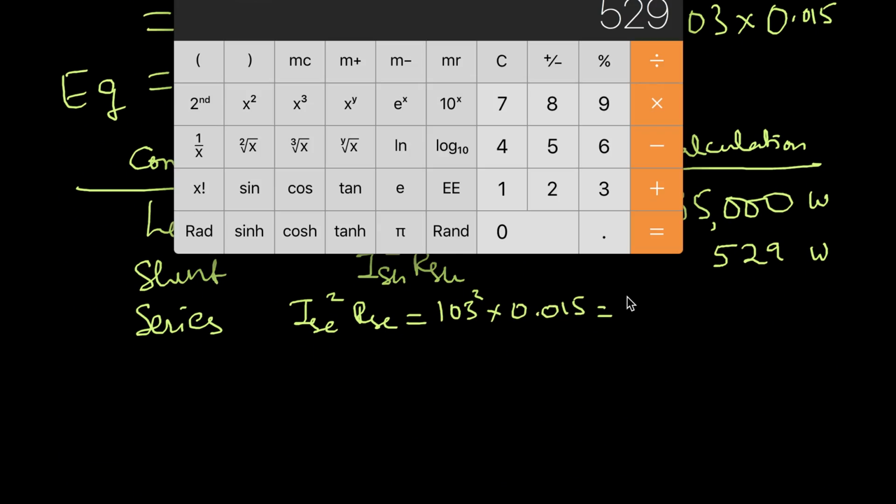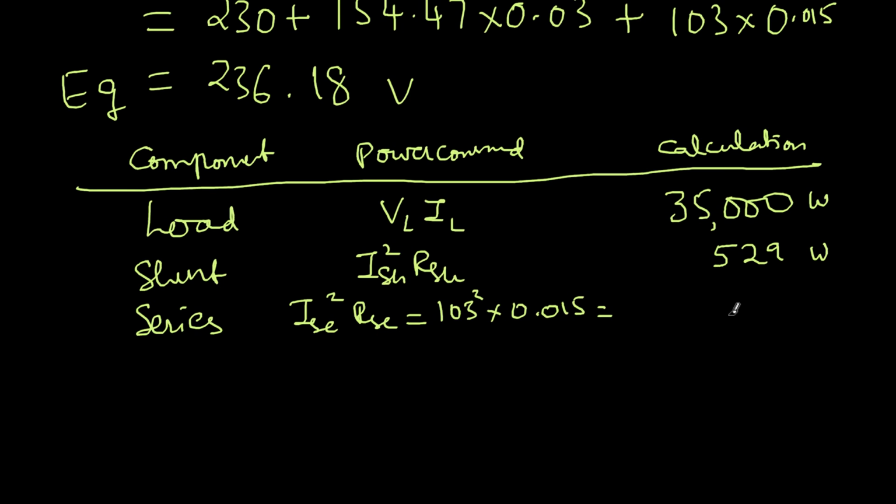So this comes out to be 103 to the power of 2 multiplied by 0.015. So it is 159 watts that is being lost in the series winding.